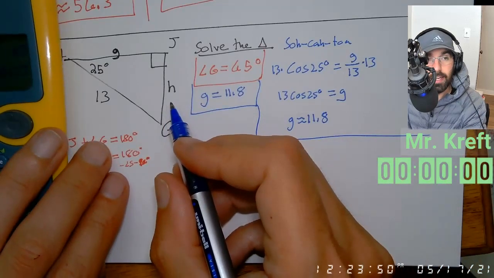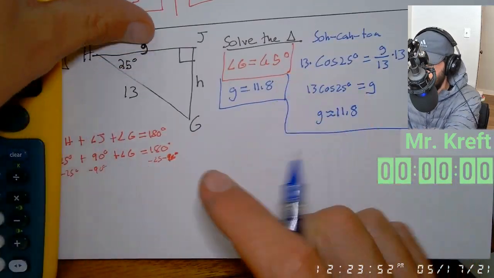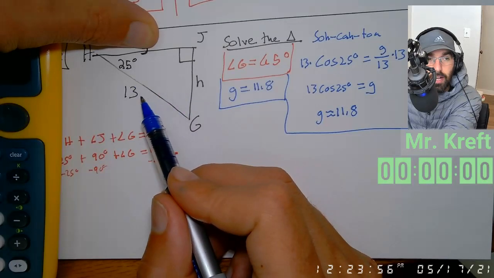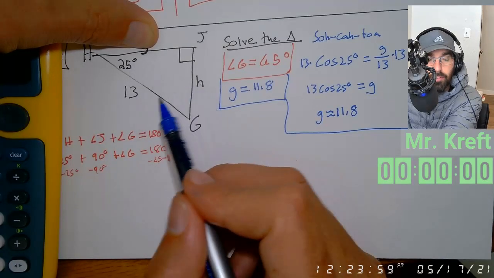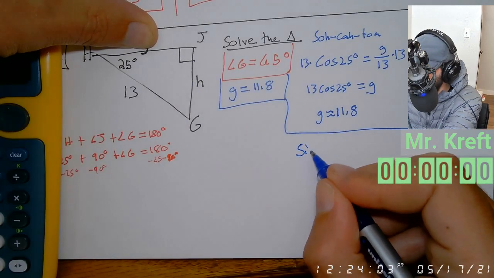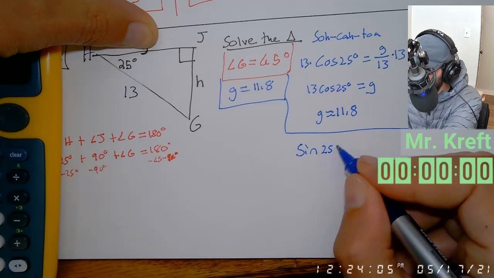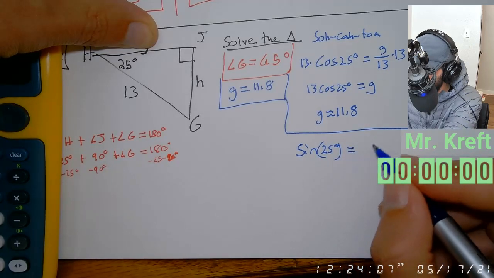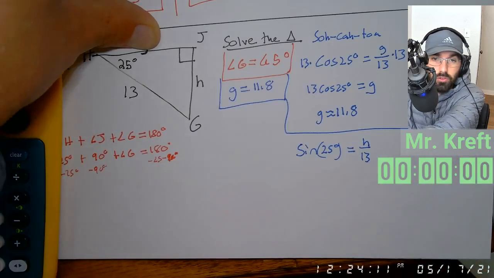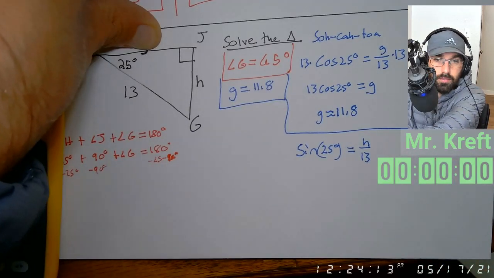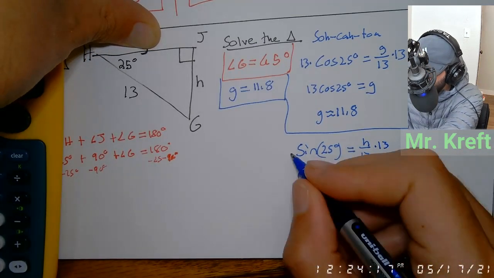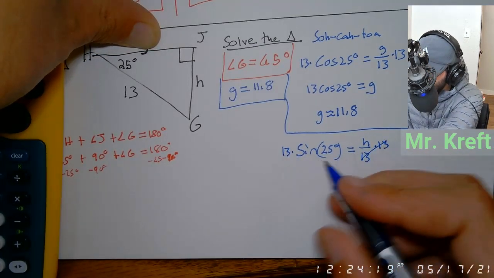Okay, then I want to find h. So if I cover up g, h is the furthest away, and I know my hypotenuse, so I have opposite and hypotenuse. Opposite and hypotenuse is sine, so I have sine of 25 degrees equals h over 13. I'll get rid of this clock there, kind of in the way. So I'm going to multiply by 13 on both sides.